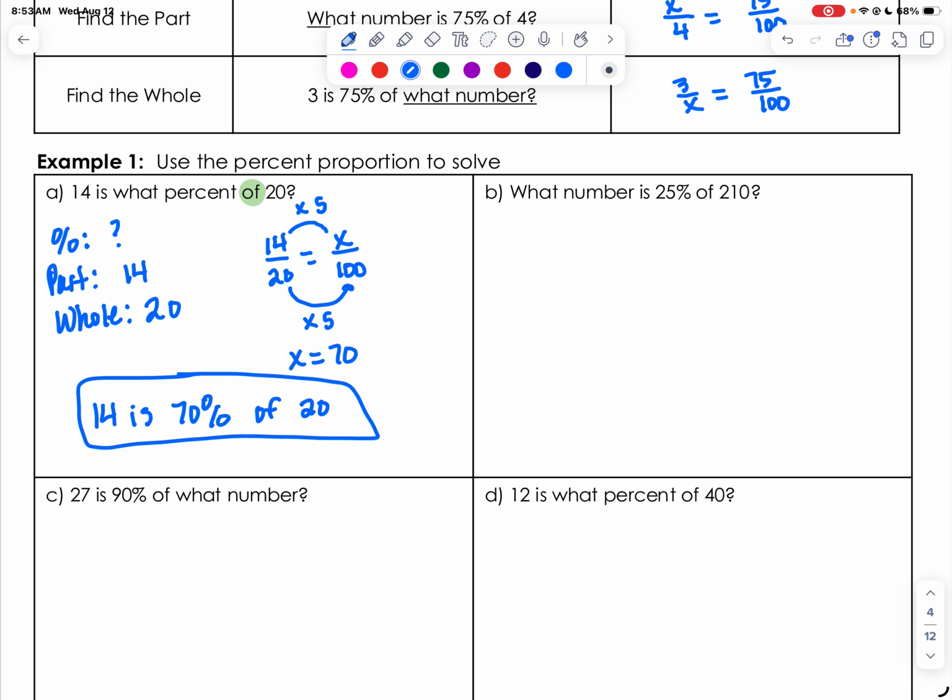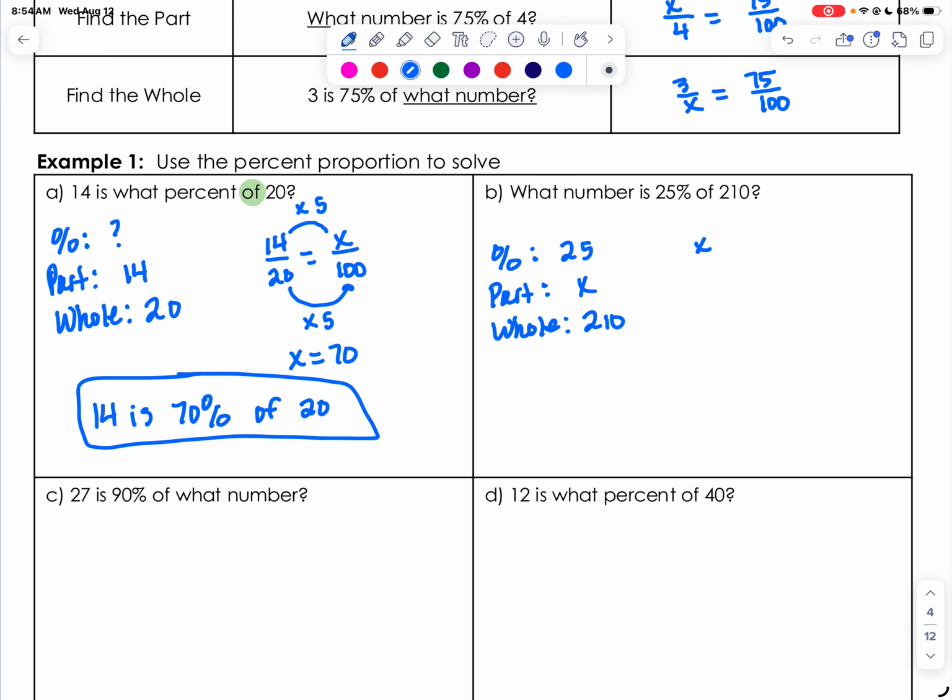All right, problem B. What number is 25% of 210? So percent, part, whole. I know the percent in this problem. I know the whole is 210. I do not know the part.